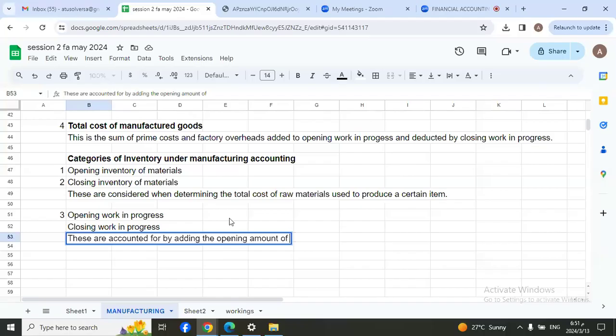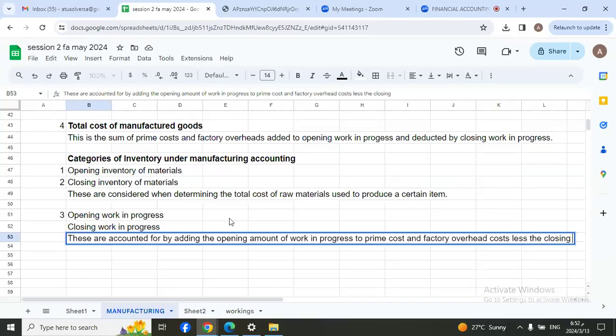Sorry. Can you see it now? Okay, it's now coming.